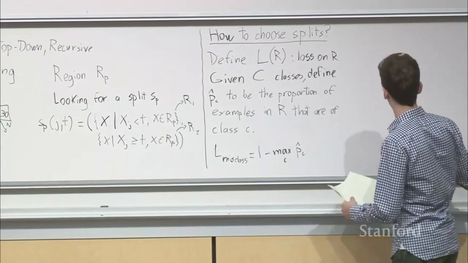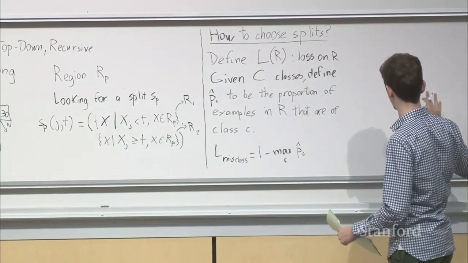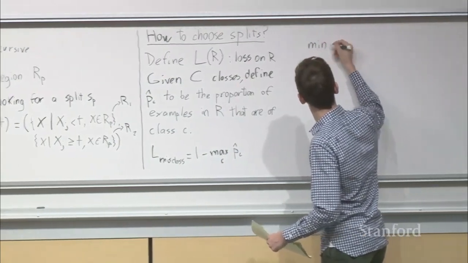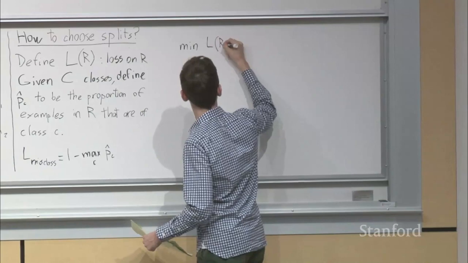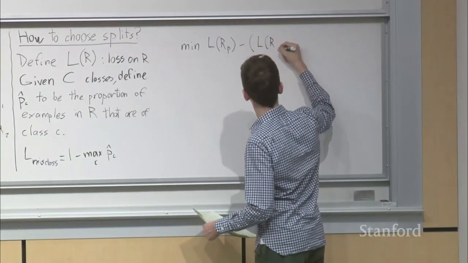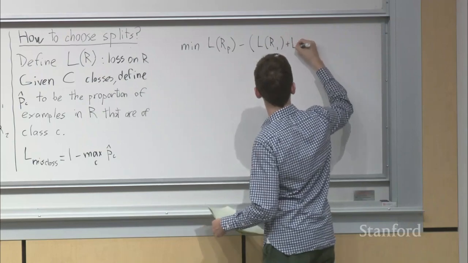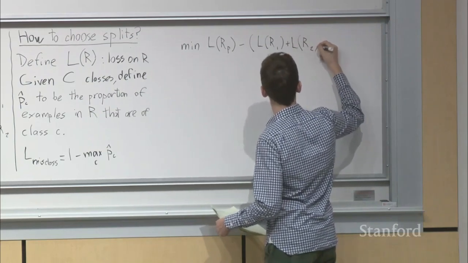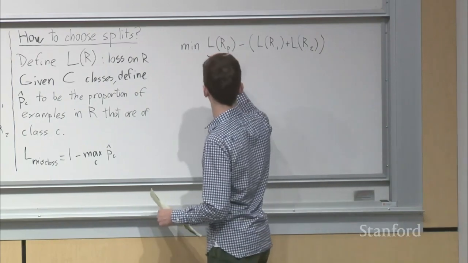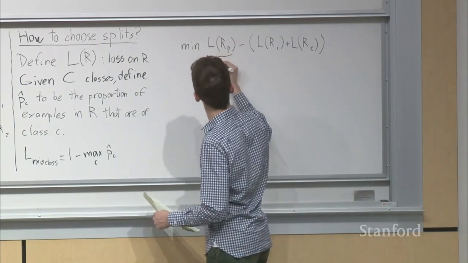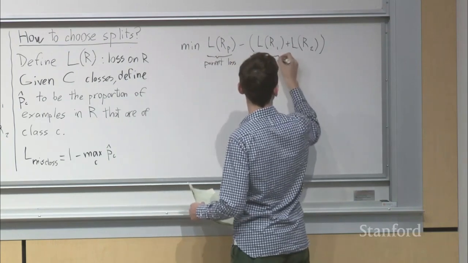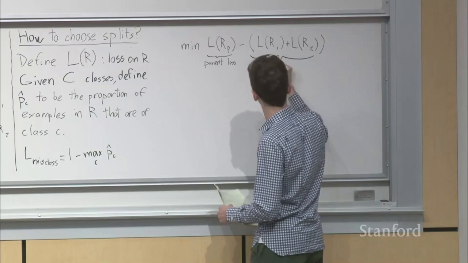So you want to basically minimize loss of R parent minus loss of R1 plus loss of R2. And so this is your parent loss and this is your children loss.